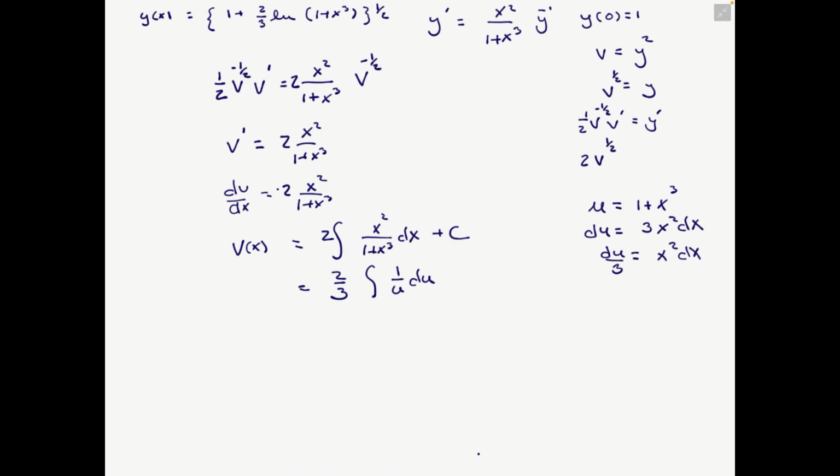1 over u du plus c, and that's equal to 2/3 ln u. U is 1 plus x to the third plus c. And we take it back to y from v.